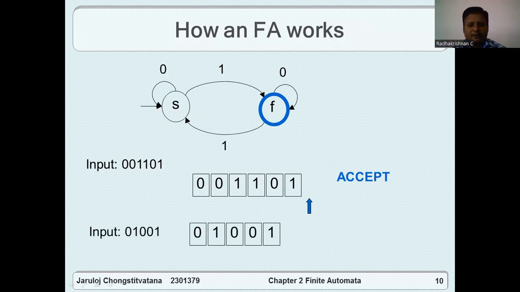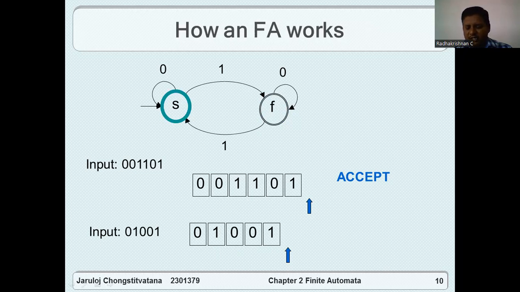Suppose we consider the next input 0, 1, 0, 0, 1. We start with S. With 0, control transfers to S. Next, S comma 1, the output will be F. Now F comma 0, the output will be F. Again F comma 0, the next state will be F. Now the input is 1, and F comma 1 moves to S. When all the inputs are completed, what is the next state?